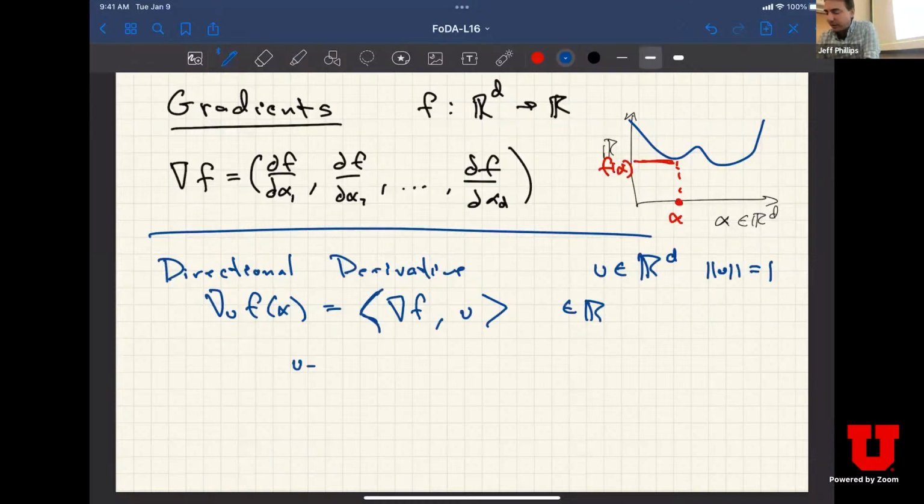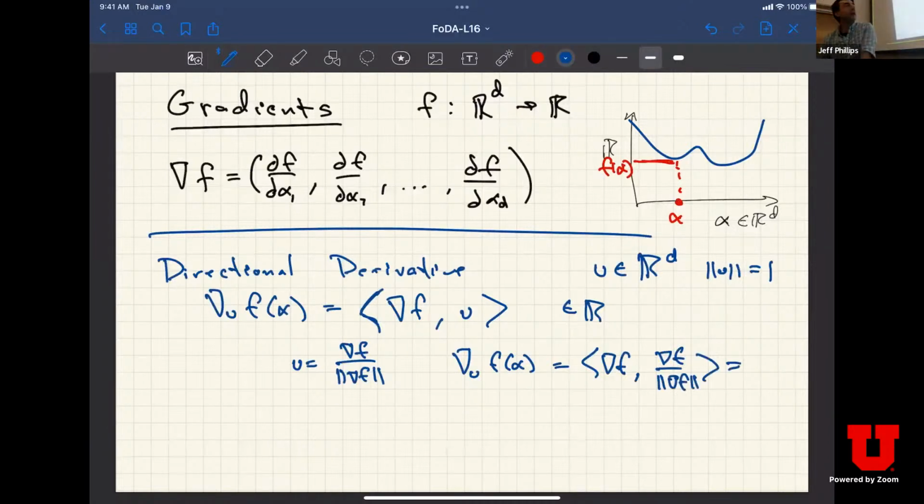Yeah, that's exactly right. If I take u as the gradient and normalize it so it's a unit vector, then I get back the gradient dotted with the normalized gradient. It returns a scalar, and the size of it is just the norm of nabla f.